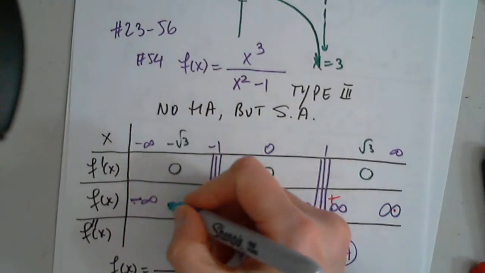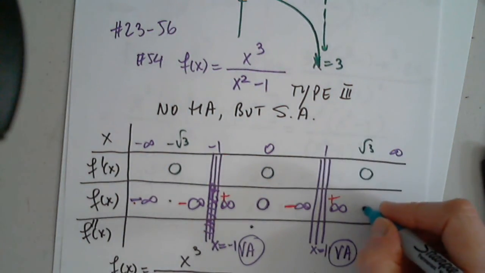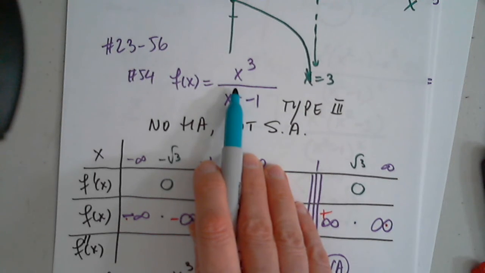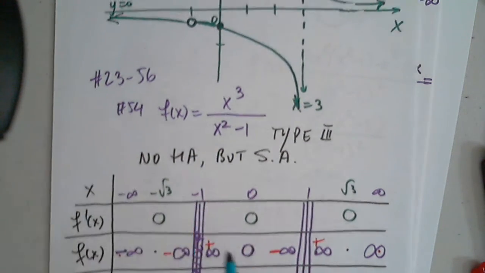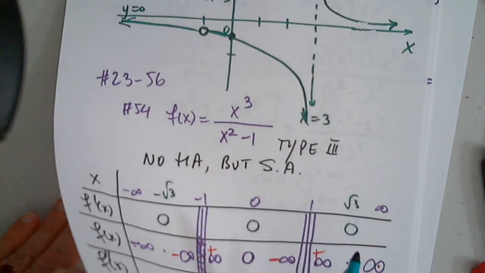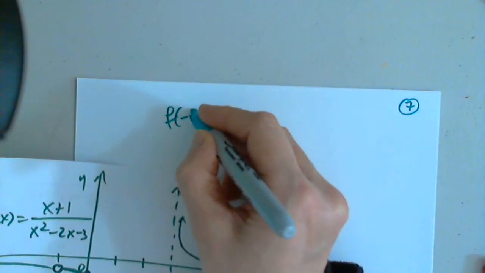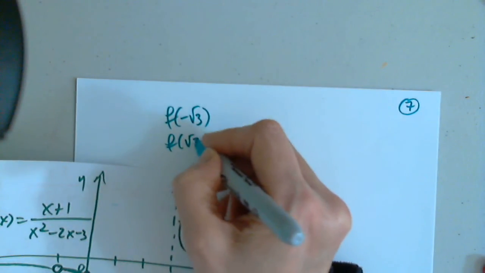Now, I have to determine the function value here and the function value here. So I have to plug them in. Okay? I will get the same but opposite answers because, again, this is an odd function. So f of negative the square root of 3 and f of the square root of 3.